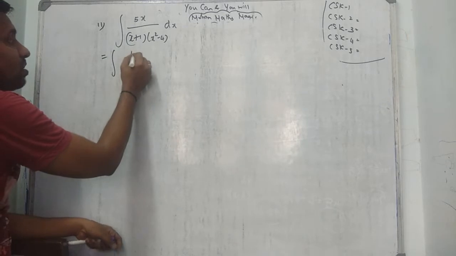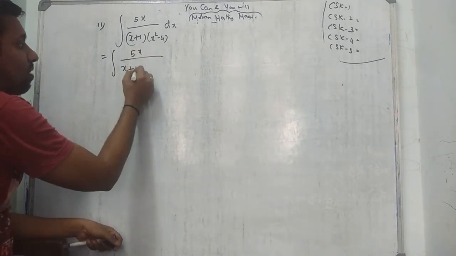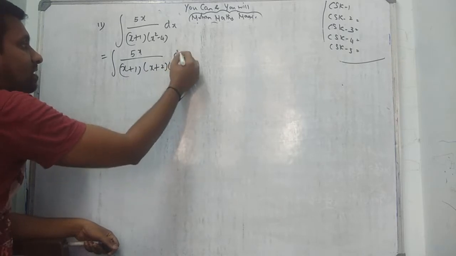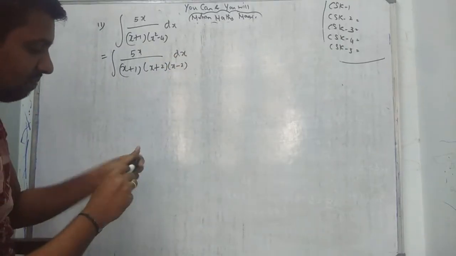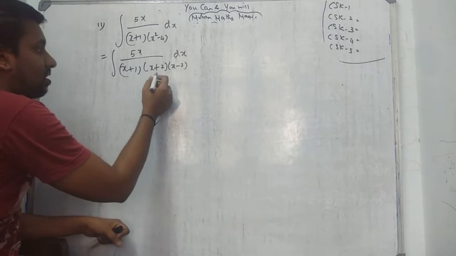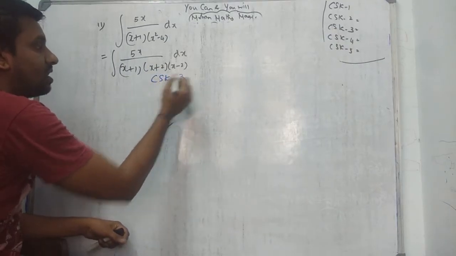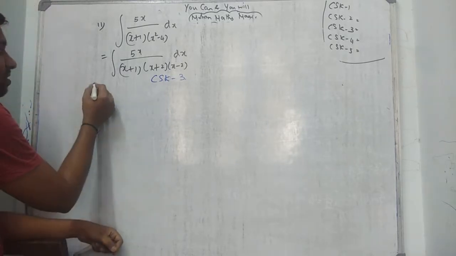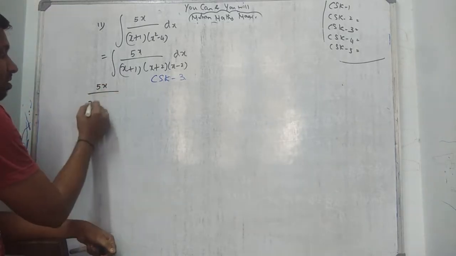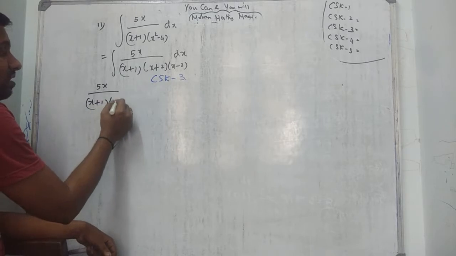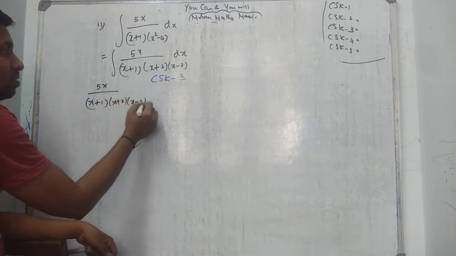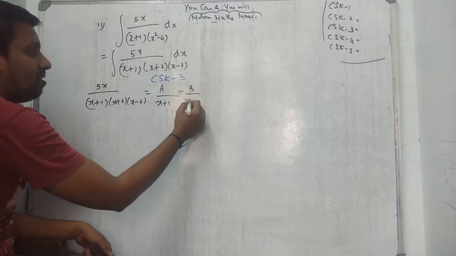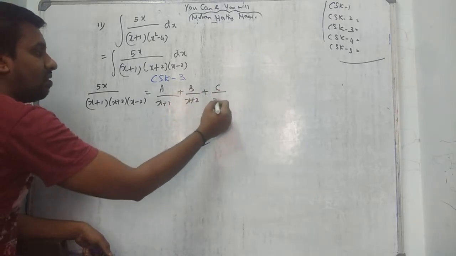You simplify the question: 5x upon x plus 1 times x plus 2 into x minus 2 dx. The denominator will become 3 brackets, automatically CSK3. So 5x upon (x plus 1)(x plus 2)(x minus 2) equals a upon the first bracket, b upon the second bracket, c upon the third bracket.